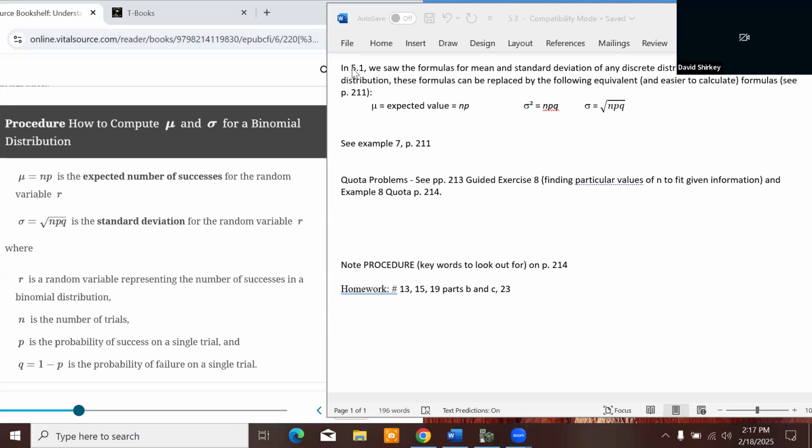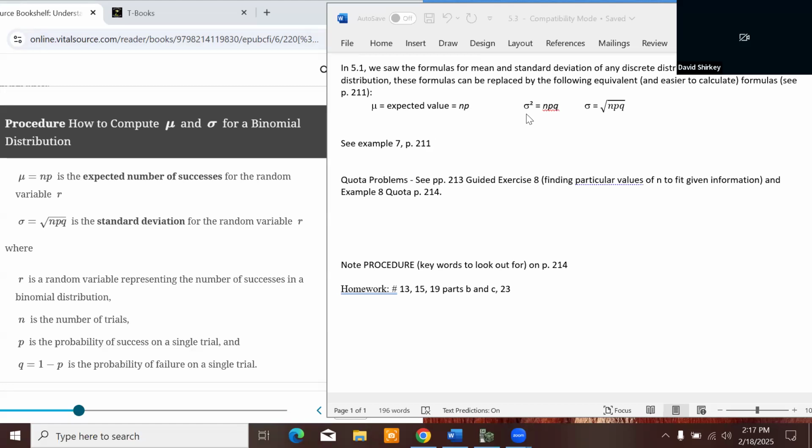Back when we were in section 5.1, we saw the formulas for mean and standard deviation of any discrete distribution, and those involve summations and square roots. So they were a little bit more complex than what you see here in this section, because if it's a binomial distribution, the mean, the expected value mu, just equals n times p. So it's easy to calculate.